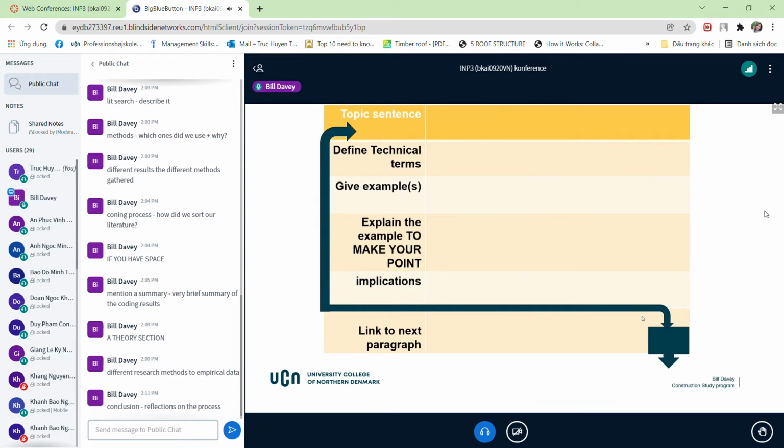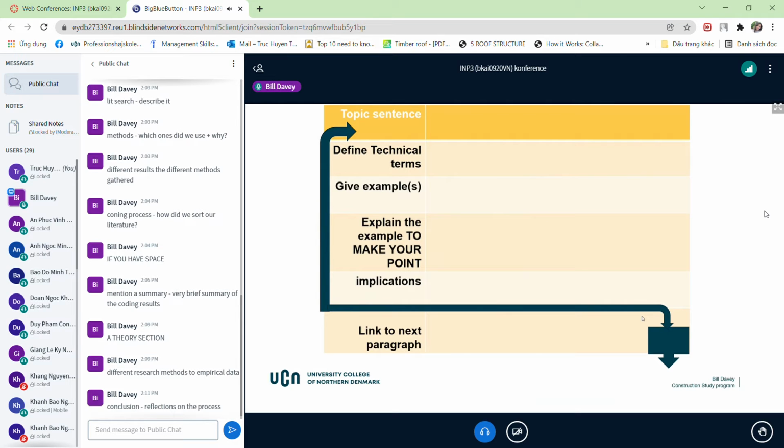So don't just give examples and think that your reader will agree with you. Your reader does not necessarily agree with you. They might even disagree with you. And as we said last time, this exercise we are doing is an exercise in persuasion. So when you give an example, explain it so that it works for you, so that it persuades your reader. So when you've shown me the example and you've explained it, then you tell me what the implications are.